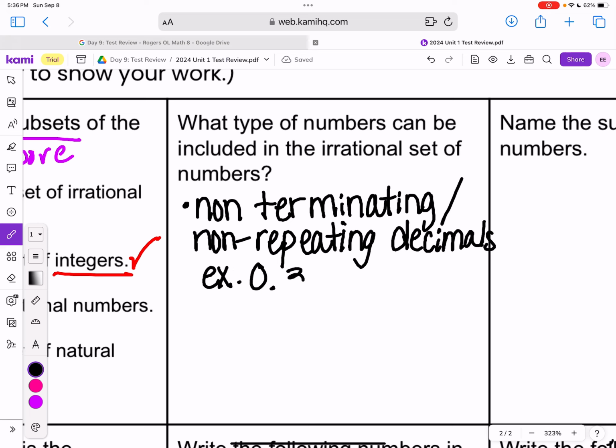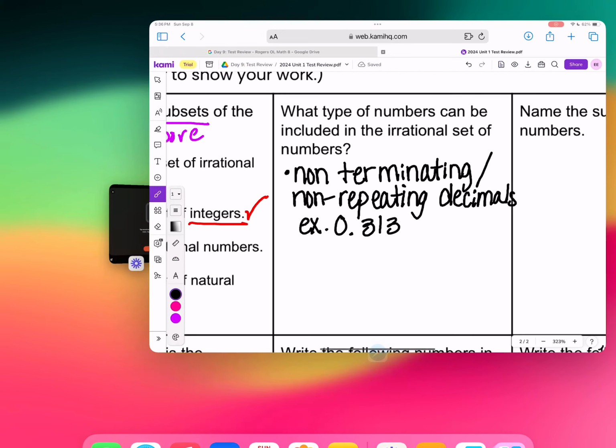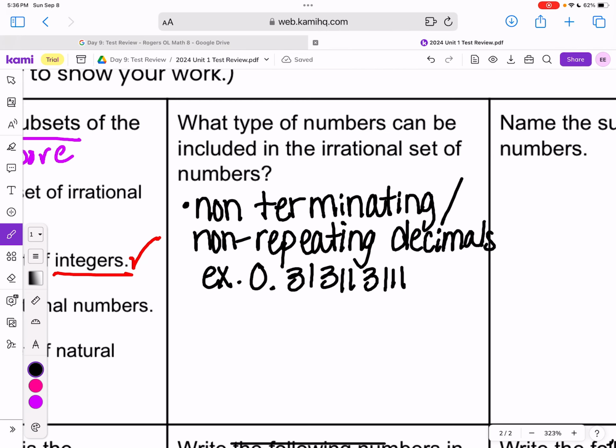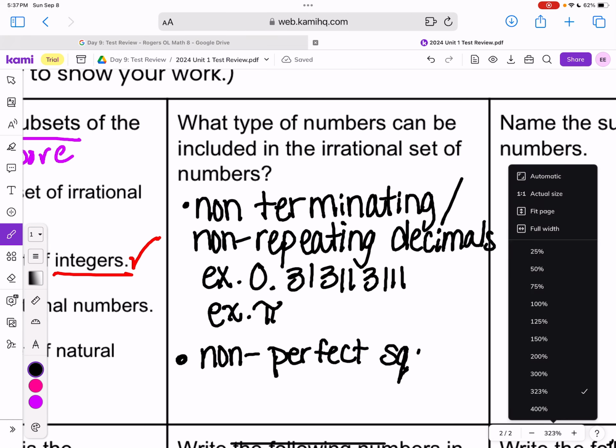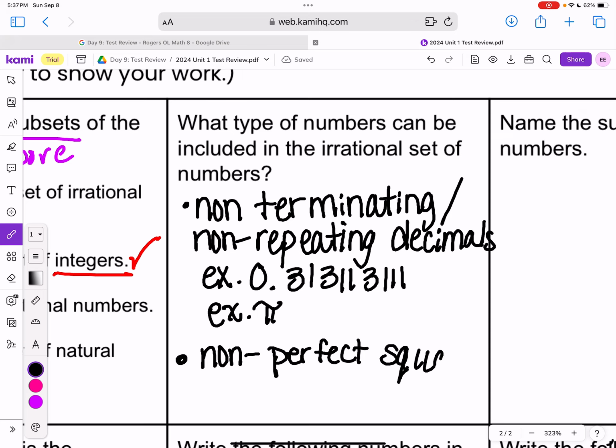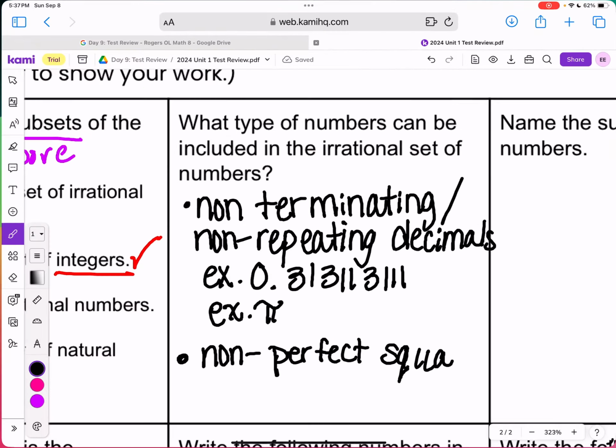There is a pattern, but it's actually not repeating. Another example would be just pi. So it's 3.14, blah, blah, blah, right? The second one is non-perfect squares. An example of that one would be square root of 10.